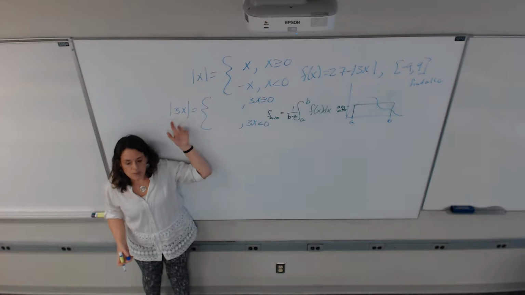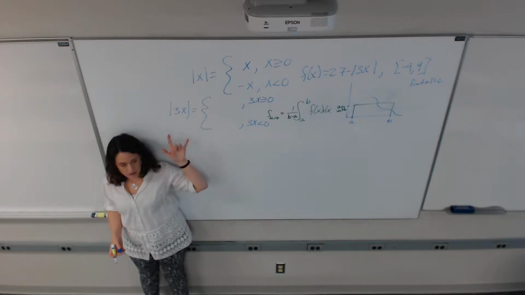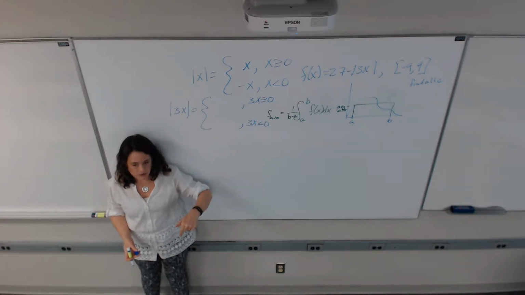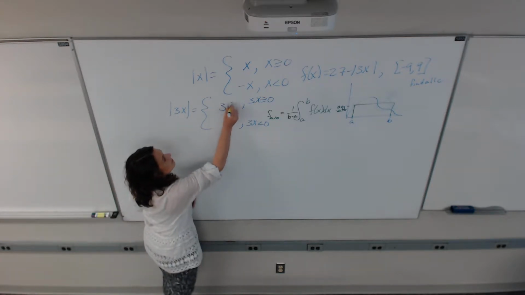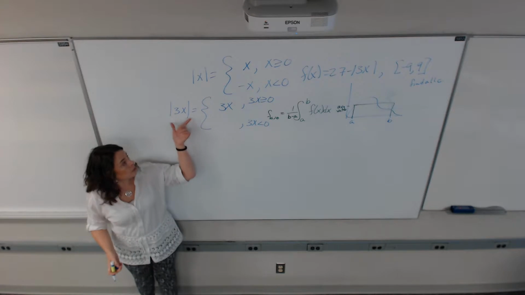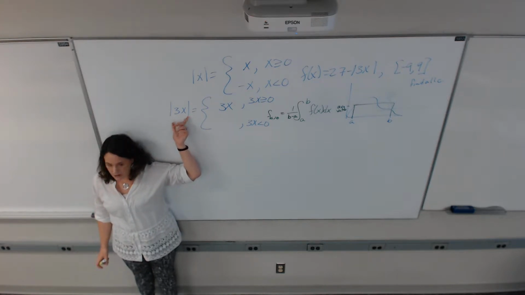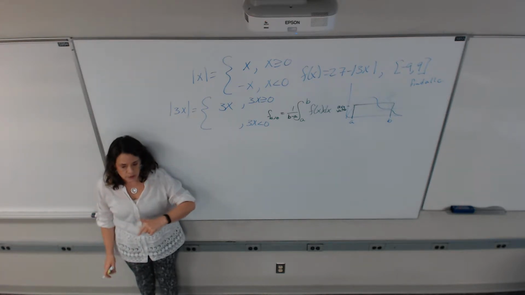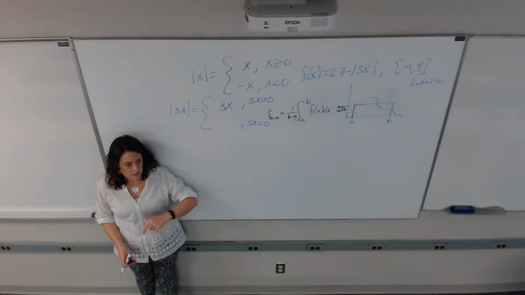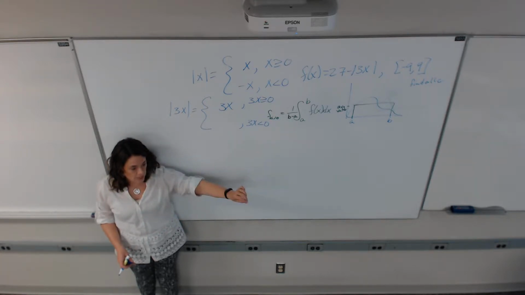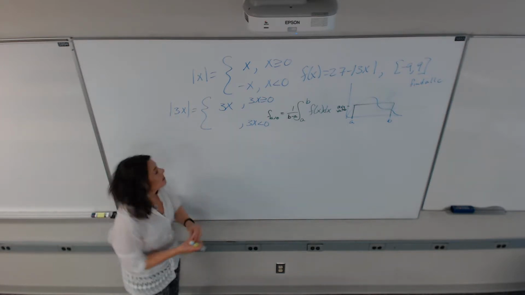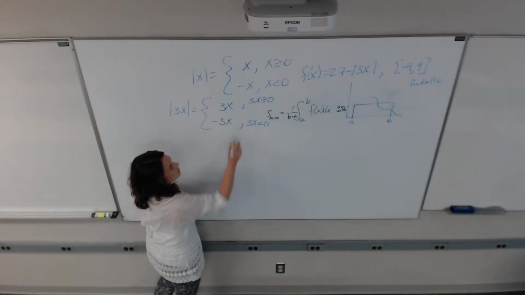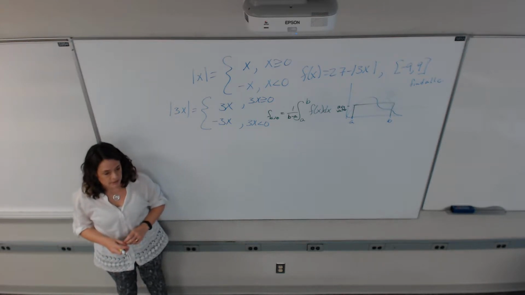If the thing between the vertical bars is not negative, do you do anything to it? Leave it alone. If the thing between the vertical bars is negative, what do you do to it? Multiply through by a -1. So if we had more than one term, it'd switch all the signs. In this case, I only have one term, so it's -3x.